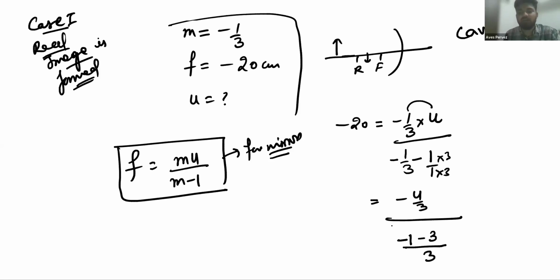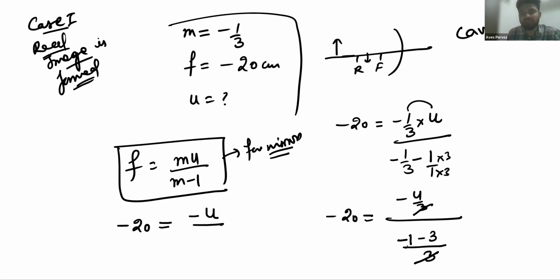And this is minus of 20. Now this 3 and this 3 will get cancelled out. What you will get here? You will get minus of 20 and you will get minus of u upon this minus 1 and minus 3 will get plus, will get minus 4.